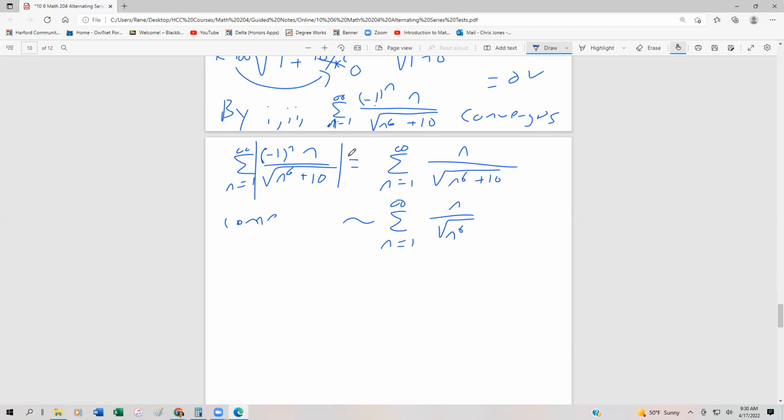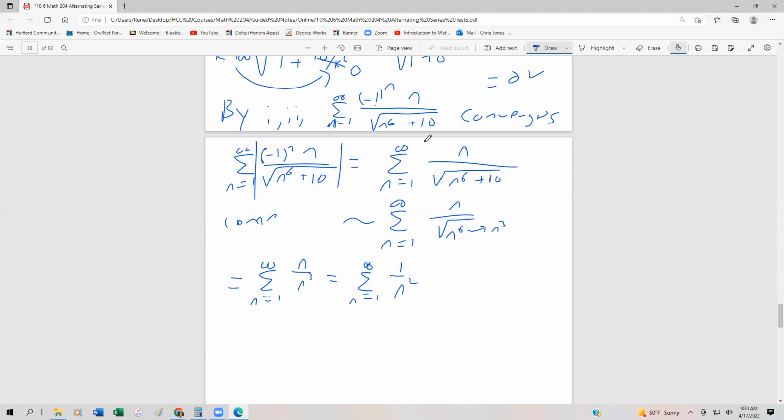If we take the square root of n to the 6, that's going to be n cubed. So we get the series n equals 1 to infinity of n over n cubed, which is the same as the series n equals 1 to infinity of 1 over n squared.